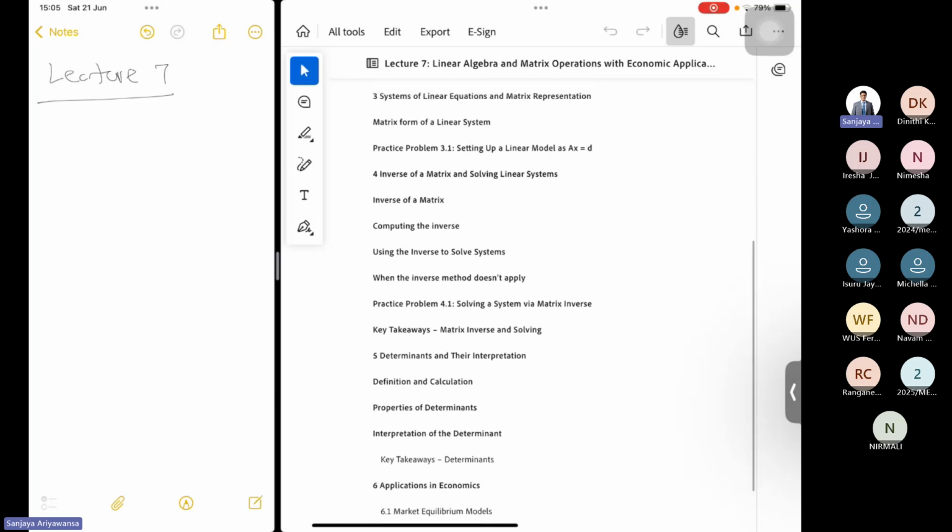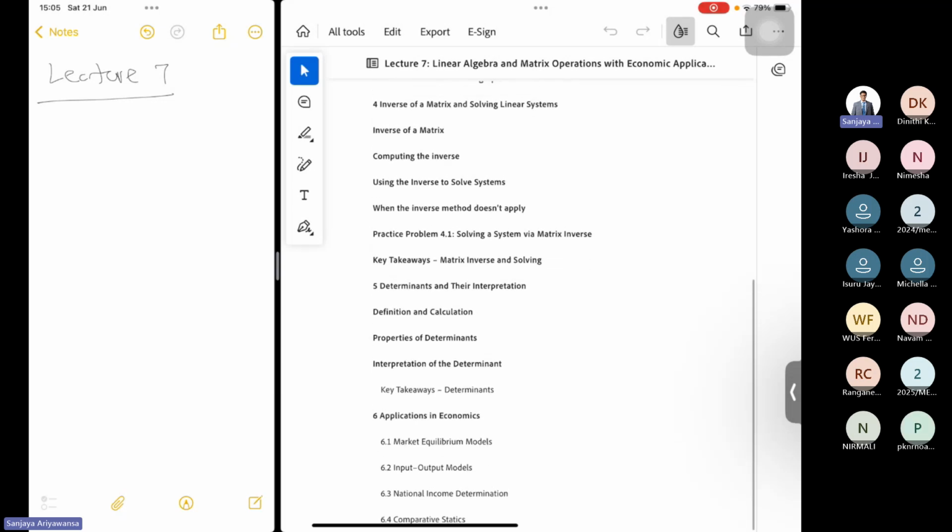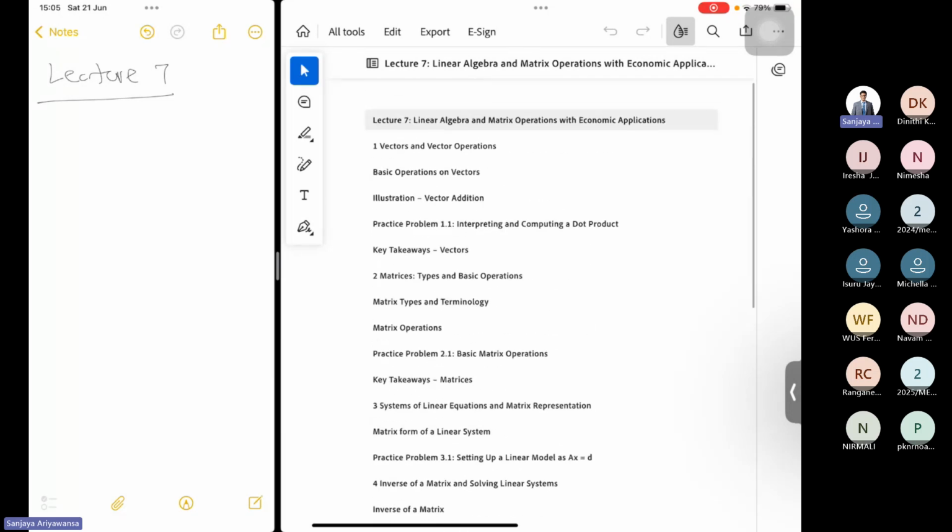Then systems of linear equations and matrix representation of that. Then, in order to solve those linear equations, we will look at the inverse of a matrix and solving linear systems. The fifth area is determinants and their interpretations. And the sixth one is very short, just some applications in economics for you to read through. So this is the lesson structure for today.